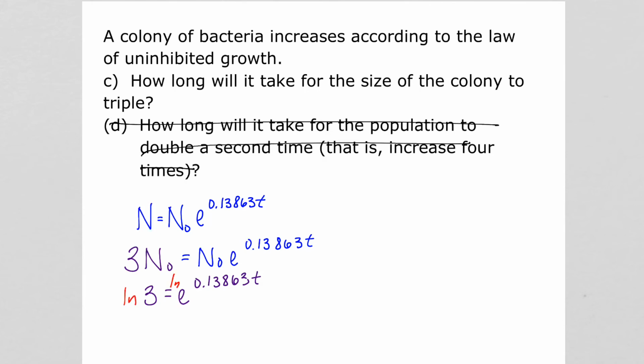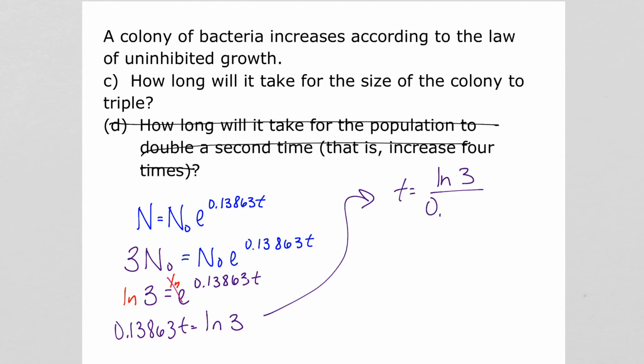Natural log both sides. So that 0.13863 t is equal to the natural log of 3. So t is the natural log of 3 divided by 0.13863, approximately 7.925 hours.